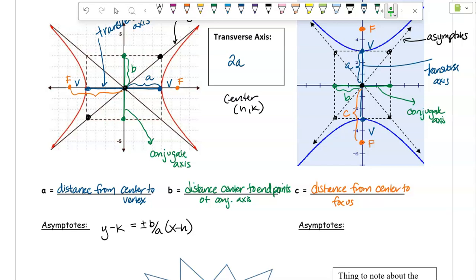But we still use the center, (h, k), as the point in our point slope form. So y minus k still equals plus or minus a over b times x minus h. Again, you don't have to memorize these, but it's good to understand where they come from and why it's a over b on the vertical versus b over a on the horizontal.